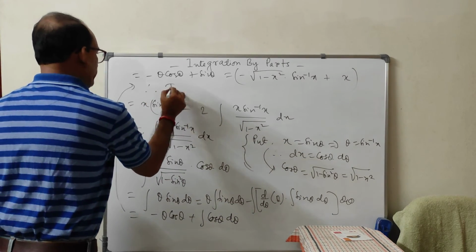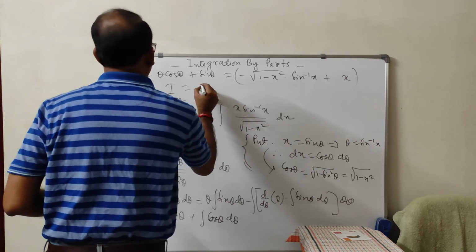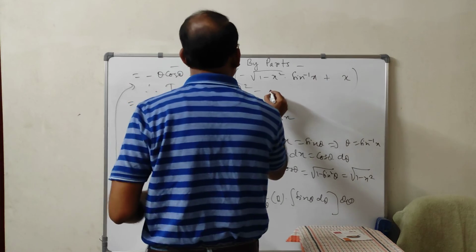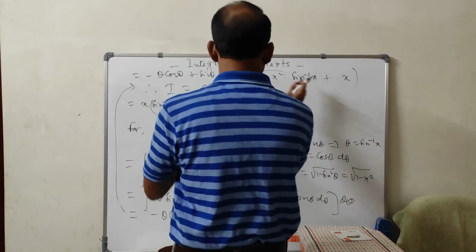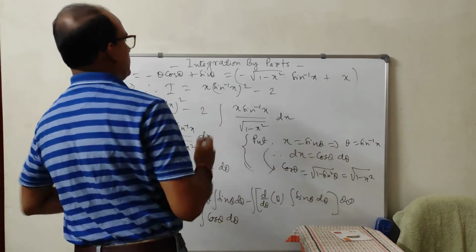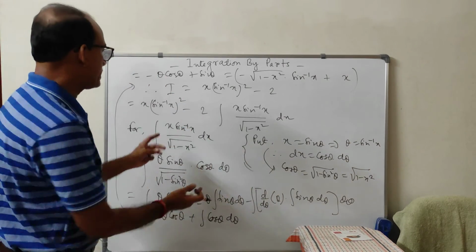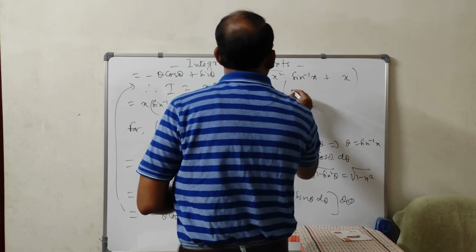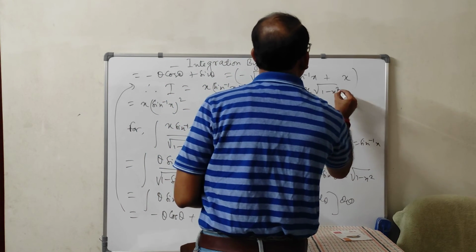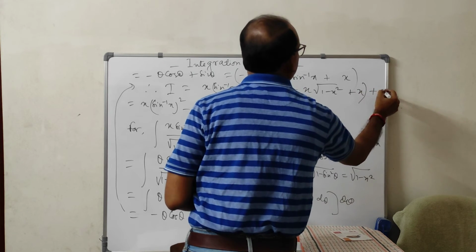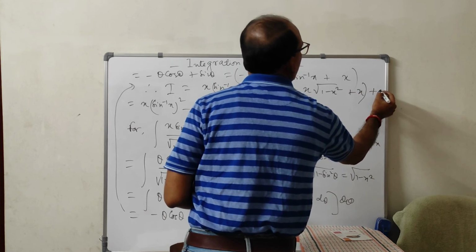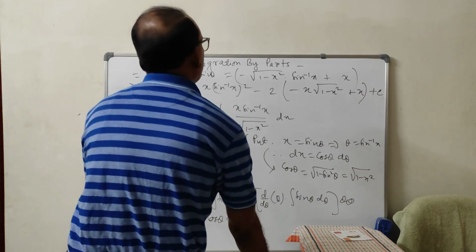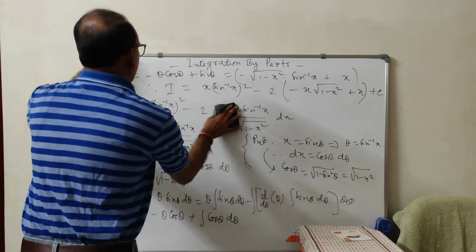Therefore, the given integral will be x sin inverse x whole square minus twice of this integral, and the result of this integral is here. So minus twice of minus of root over of 1 minus x square plus x, and all integrals are over. So we have to write at the end constant of integration. So this is the result.